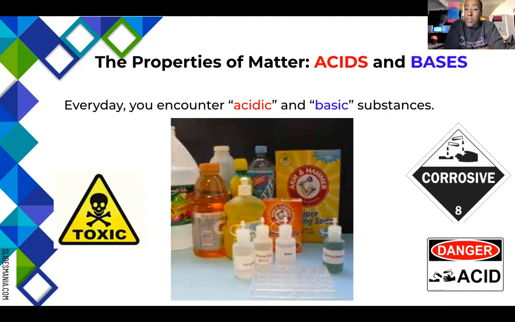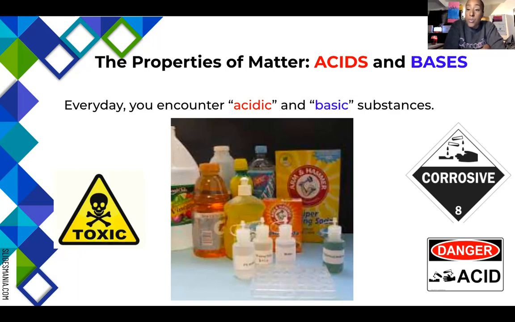But if it's at a very, very low concentration, they're not dangerous. However, if it's a high concentration and it's a high acidity or basicity, alkalinity, sorry, they can be very dangerous. Highly concentrated acids and bases can destroy the tissue of your skin, of human bodies, and those are corrosive.